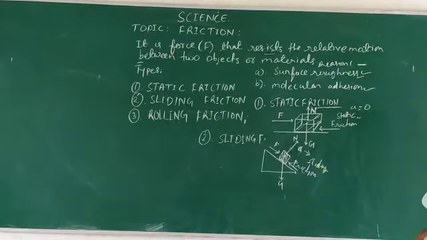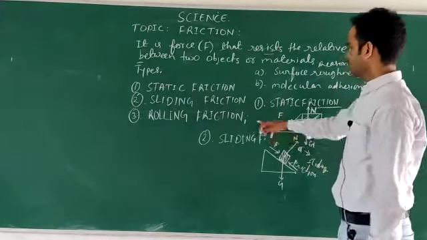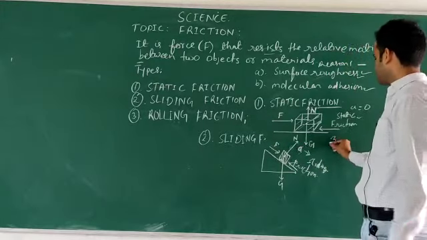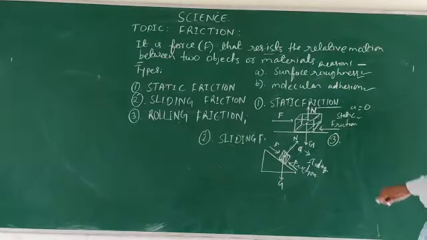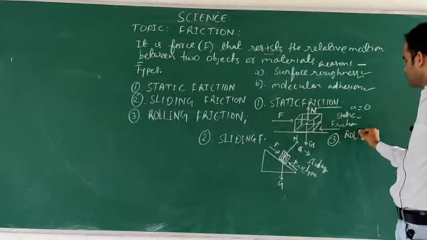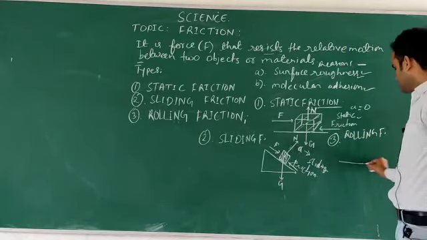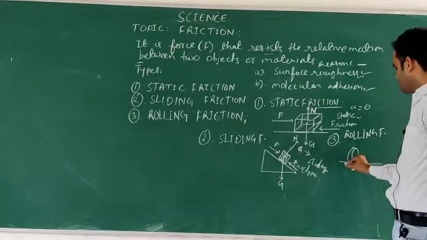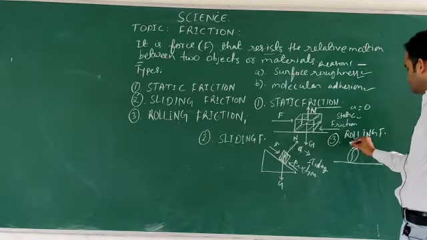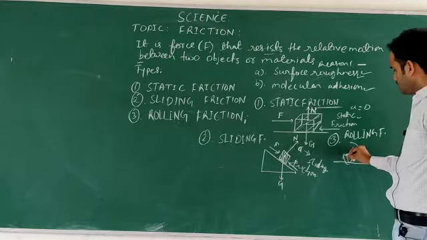Let's talk about the third type of friction, that is rolling friction. Let us say this is a surface and this is a ball which is doing rolling motion.